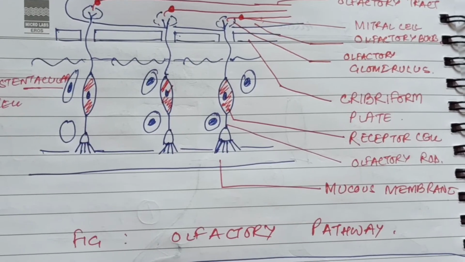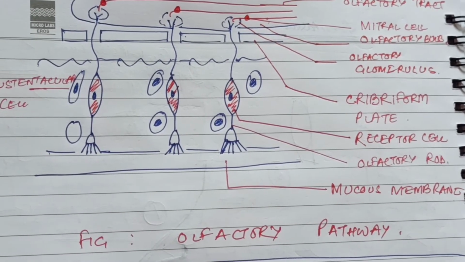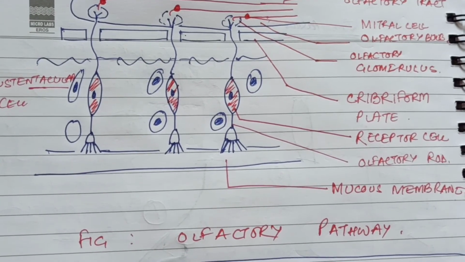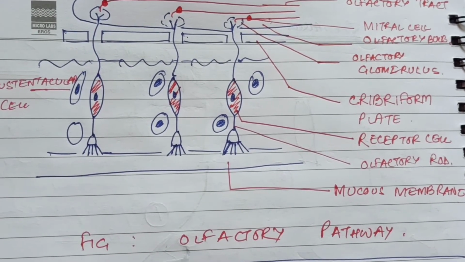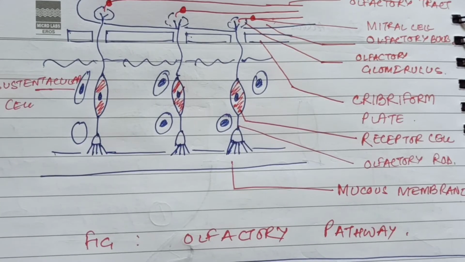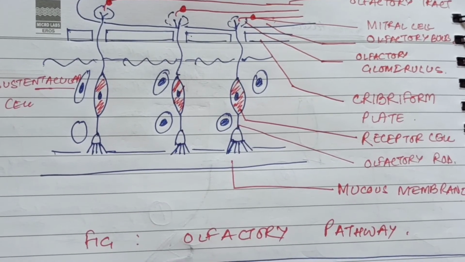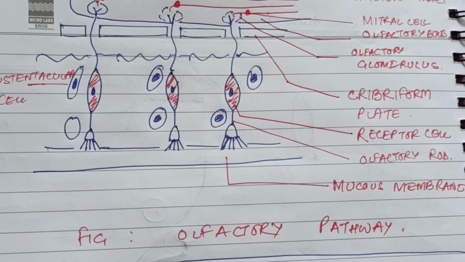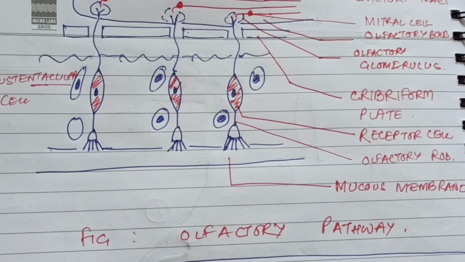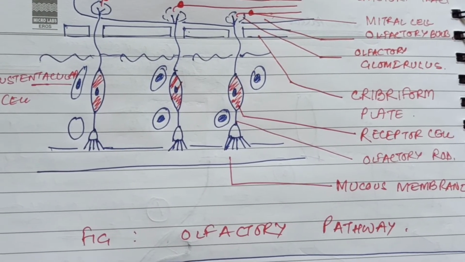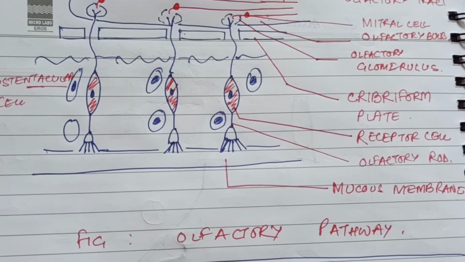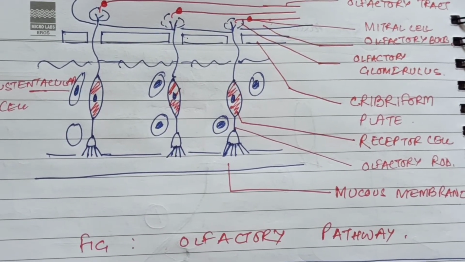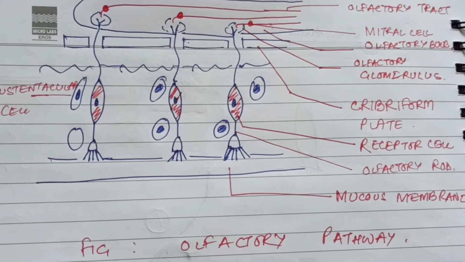I have drawn a schematic diagram of the olfactory pathway. So you can see here that I have drawn the receptor cell in hazy red. Beside them are the sustentacular cells, and then you have your dendrite below and axon above. Now you can see the axon synapses with the dendrite of the mitral cell.